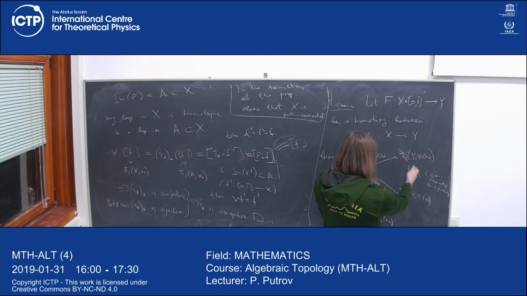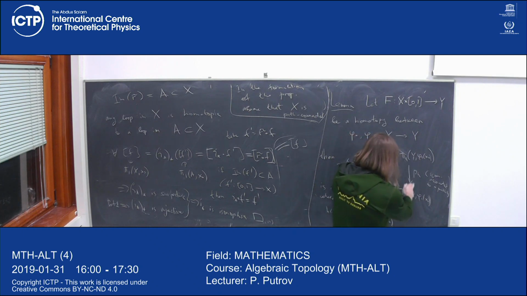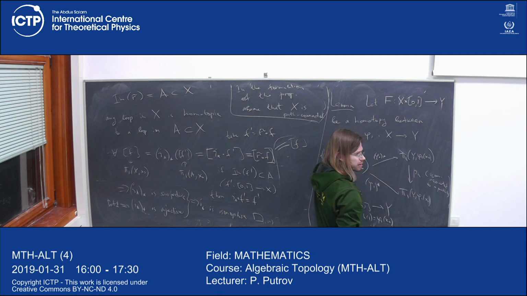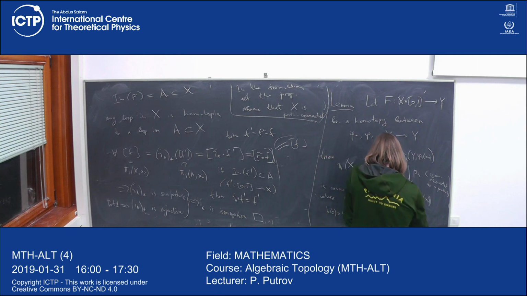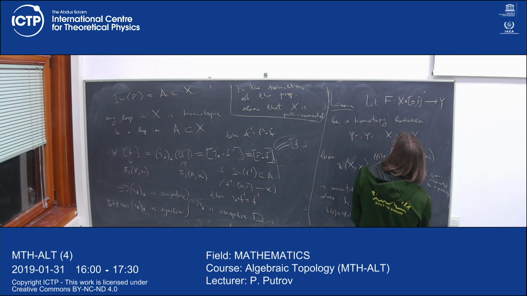It is true whenever such a path exists, and it exists because we can choose H explicitly to be the following: H of s is F of x0.